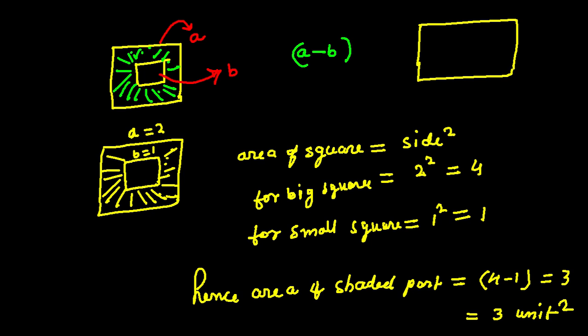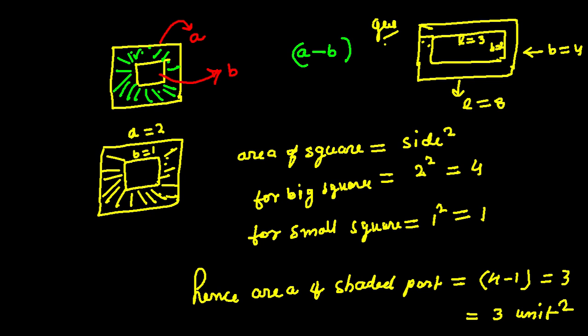Suppose that this is a rectangle, and there is another rectangle inside it, and in the question it is given that the length is 3 and its breadth is 2, and for the big rectangle the length is 8 and the breadth is 4.